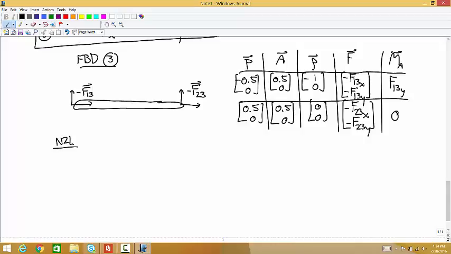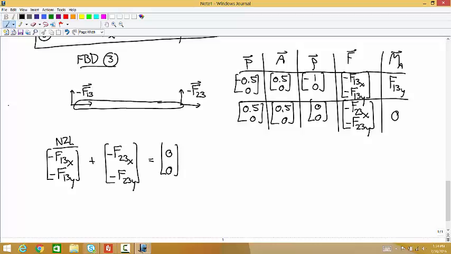So Newton's second law says negative F13x, negative F13y, plus negative F23x, negative F23y is zeros. And the moment equation just says F13y is equal to 0.